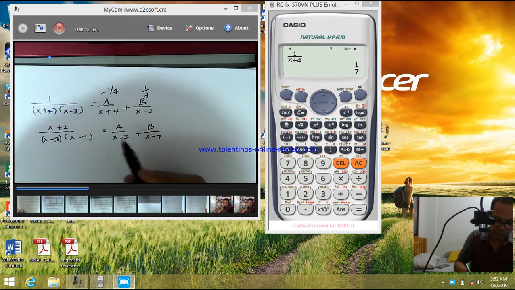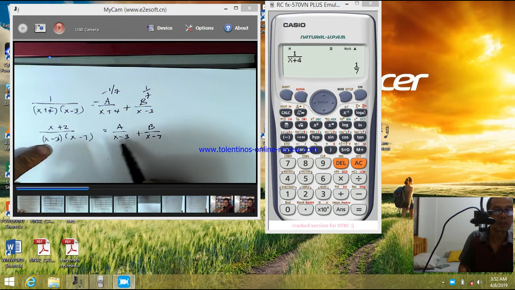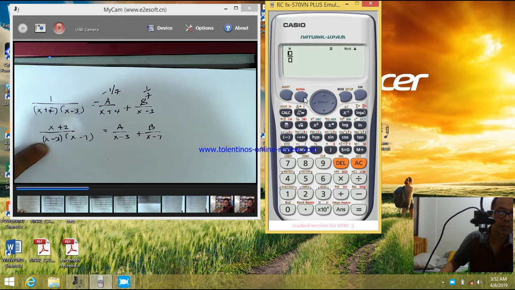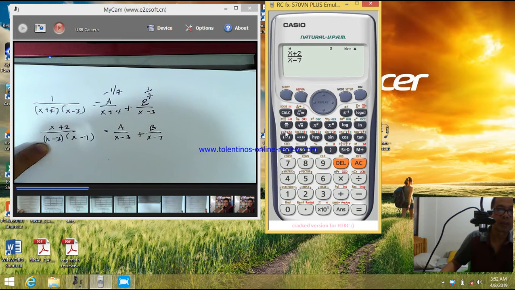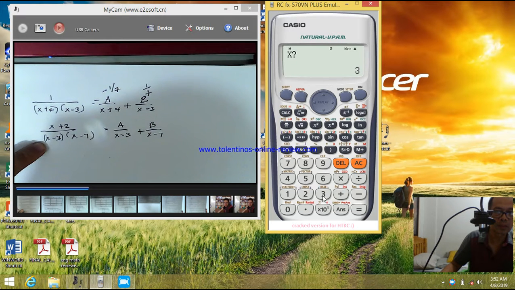So in order for me to solve for a, I will just cover x minus 3, and then I will just enter x plus 2 over x minus 7, and then calc what will make x minus 3 zero, that is positive 3.